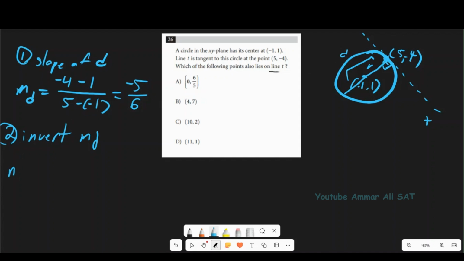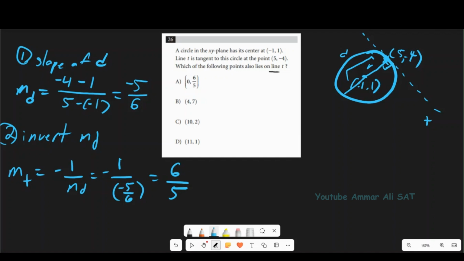So then the slope of t is going to be minus 1 over m_d, which is the same as minus 1 over the fraction minus 5 over 6, which is the same as 6 over 5. Okay, so we know the slope of the tangent line. We also know a point. There are now a couple of ways that we can try and eliminate these answers, right?